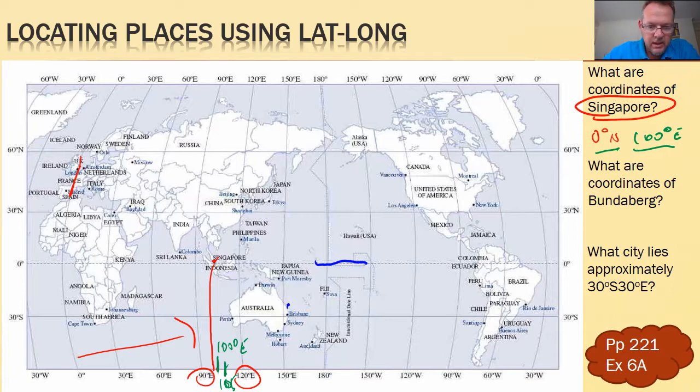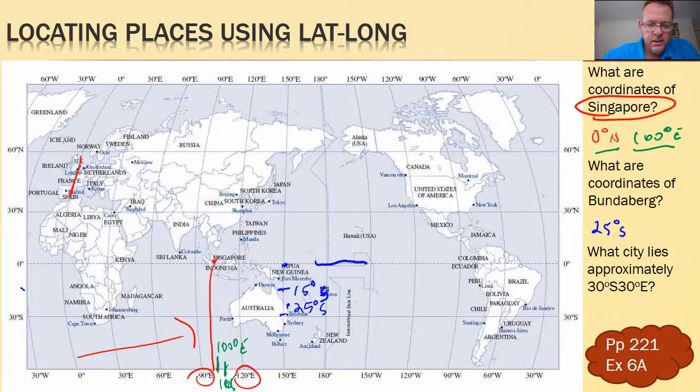Now we think halfway between this line and this line is 15, but it's certainly closer to the 30 than it is to the 15. So let's say it's about 25 degrees south.